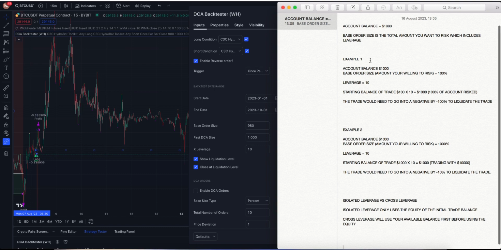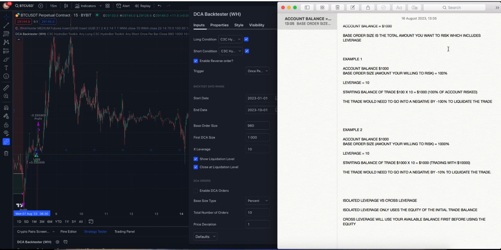So as an example, with an account balance of $1,000 and a base order size, the amount you're willing to risk, of 100%, you're willing to risk $1,000, which is 100%. If you're using leverage and your leverage is times 10, that would start the trade with $100 at times 10 leverage.